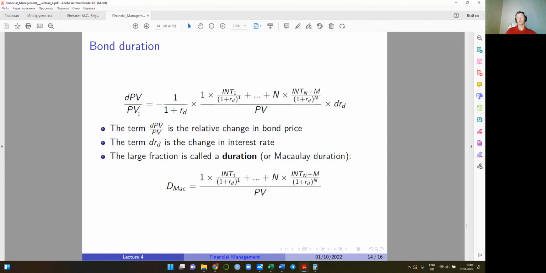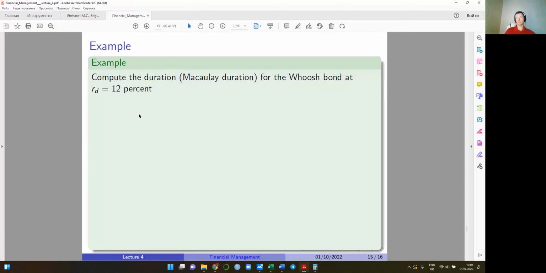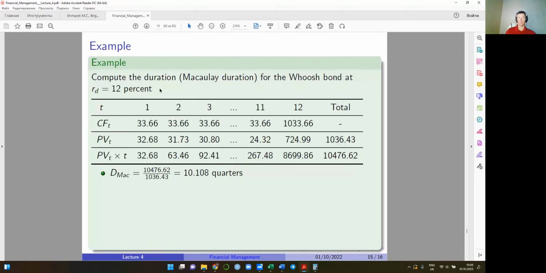So let's see how this works on our example. Let's compute the duration for the Woosh bond at RD equals 12%, and then let's apply this to compute the changes in prices. So here is a table. It is better to represent cash flows of bonds in the form of a table when we compute the duration, because now we are not able to simplify this computation with the help of annuity or whatever.